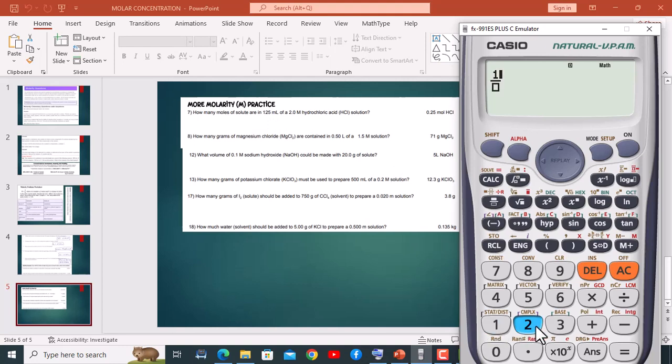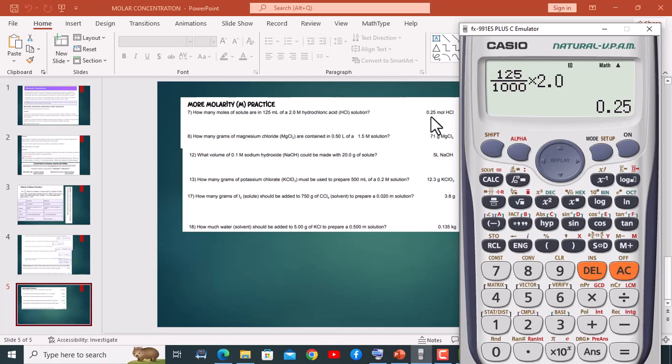I'm just saying 125 milli means times 10 exponent of -3, which is the same as dividing by 1,000. All right, and then from there I have just converted this to liters. So I must take these liters and just multiply that by the concentration of 2.0, and I would find an answer of 0.25 moles of hydrochloric acid.